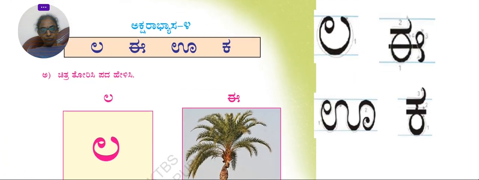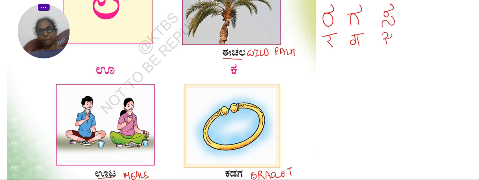Again, as before, I will first do a recap of all the alphabets we have done in the previous 3 lessons. So the first lesson, the alphabets were Ra, Ga, Sa, Da, A. This was lesson 1.